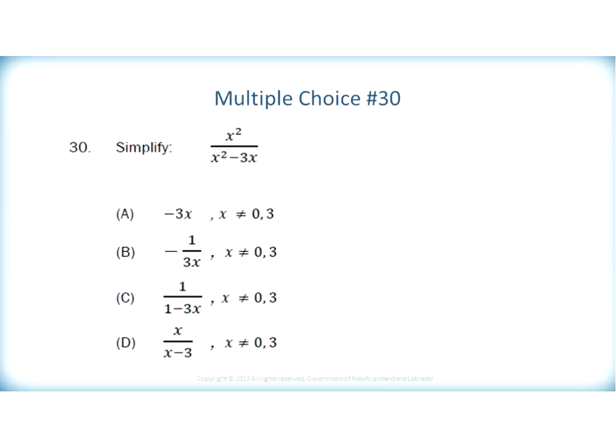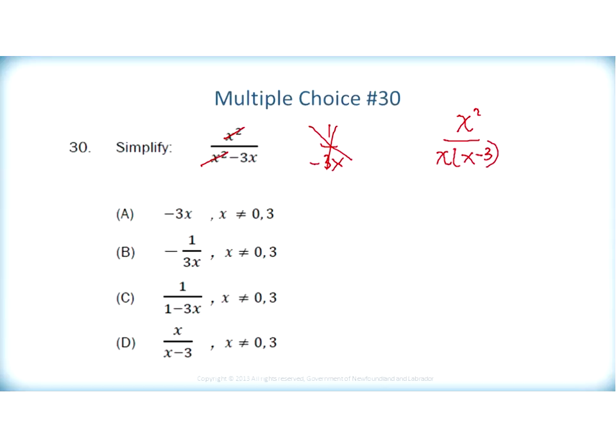Once again, we have to simplify. A big error here is that some may want to cancel the term x squared and x squared and be left with 1 over negative 3x. This is incorrect. You're canceling terms, not factors. So we will factor first. We have x squared over x outside of x subtract 3.